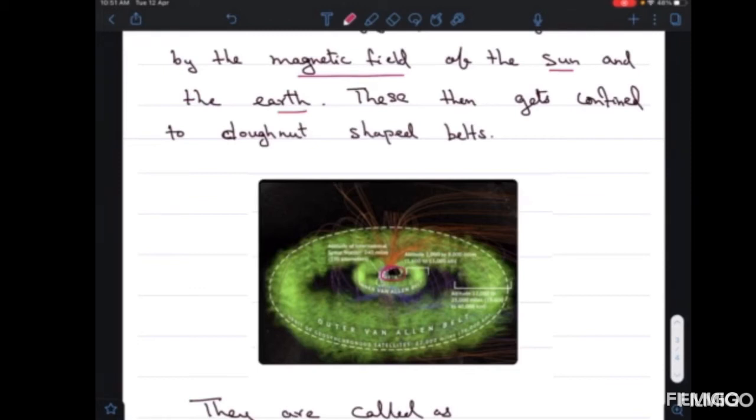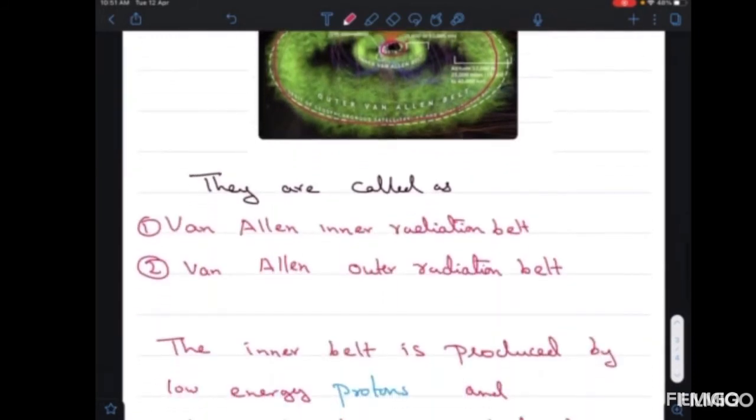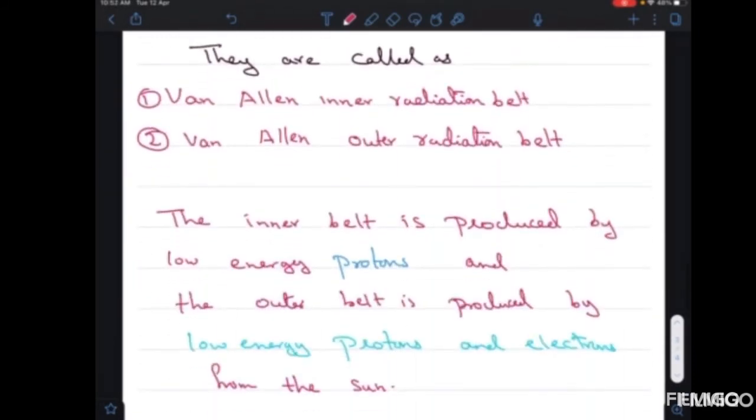And these low energy charged particles get trapped within these 2 magnetic fields and form a donut. So you have the inner Van Allen belt and the outer Van Allen belt. The inner Van Allen belt consists of protons, while the outer Van Allen belt consists of low energy protons and electrons.